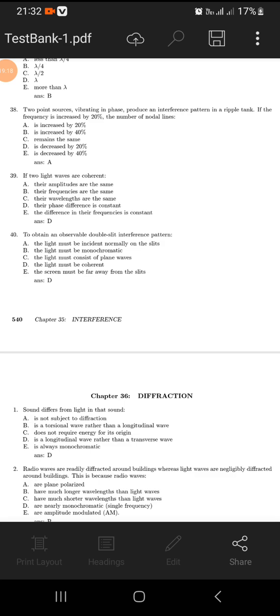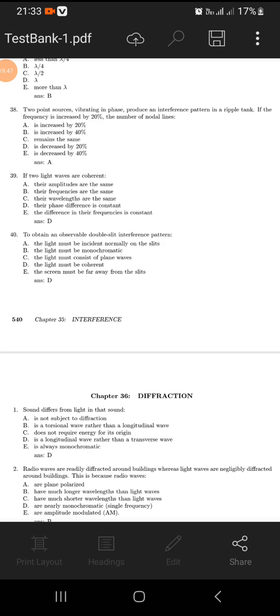Two point sources vibrating in phase produce an interference pattern with a ripple tank. If the frequency is increased by 20%, the number of nodal lines increases by 20%. If two light waves are coherent, their phase difference is constant.